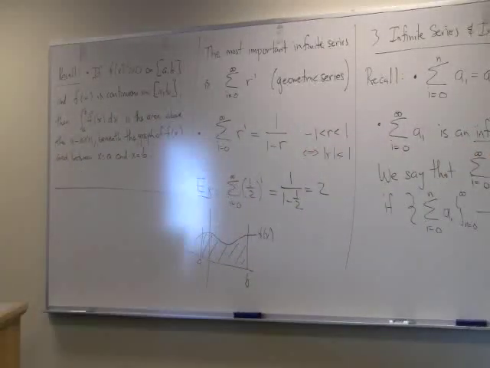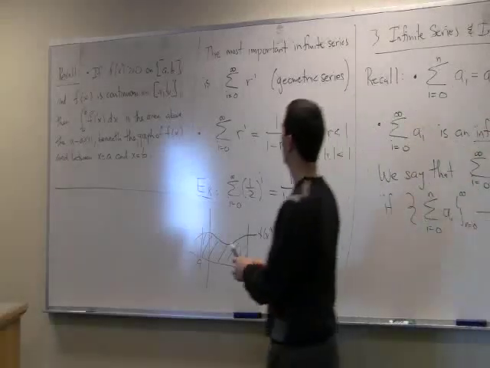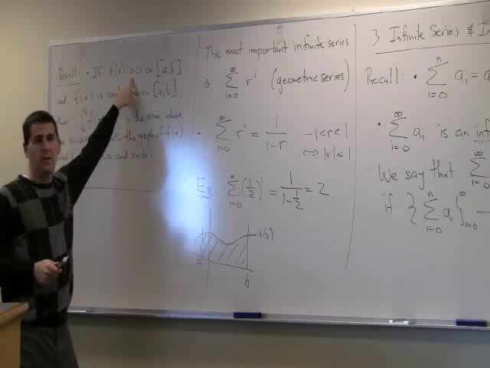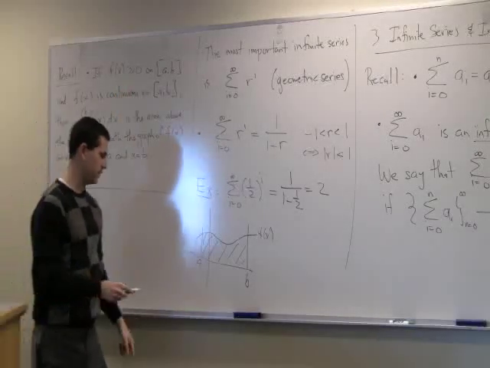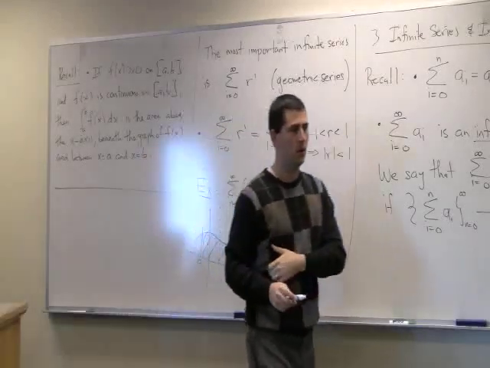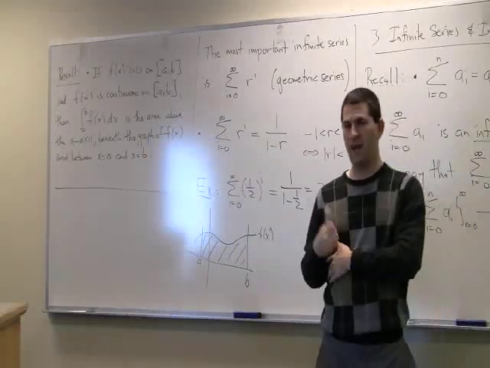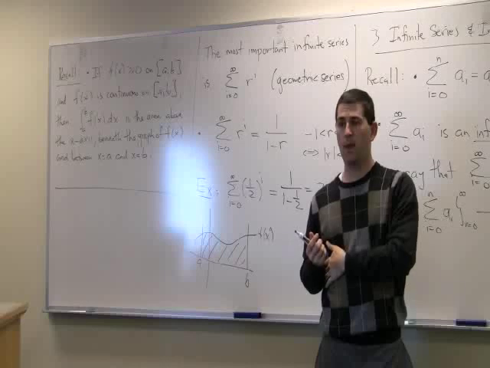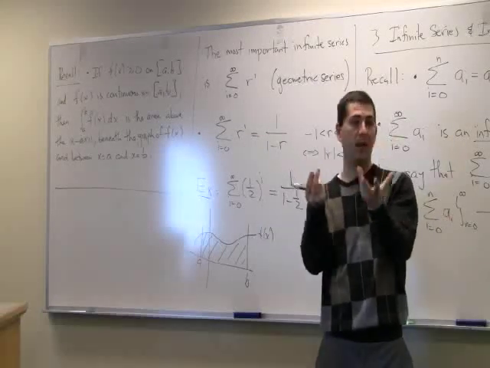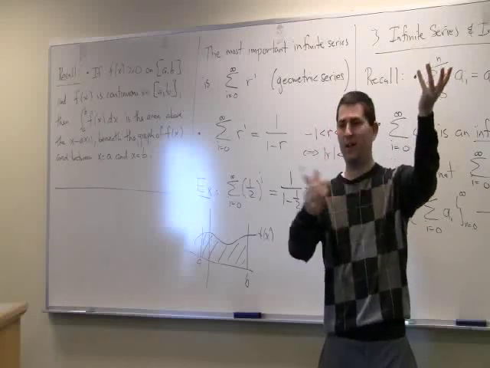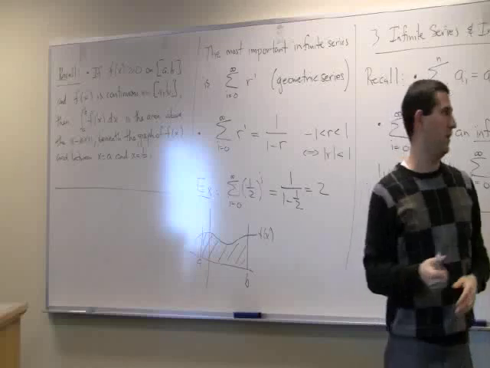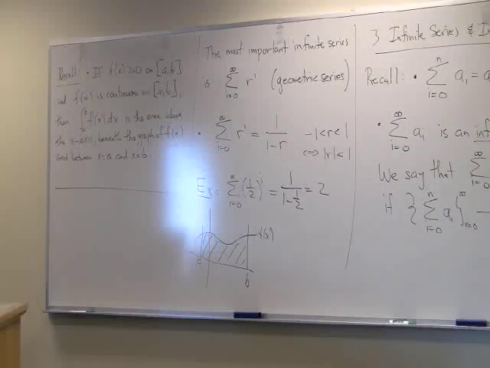What if I drop this restriction on greater than or equal to? So if I allow the function to go beneath the x-axis, well, then it's probably not giving me an area anymore. But you can still have the interpretation that it's canceling out areas, right? It's giving you positive areas and negative areas, and the answer you get is what you get when you cancel everything. Okay, so this is fine.